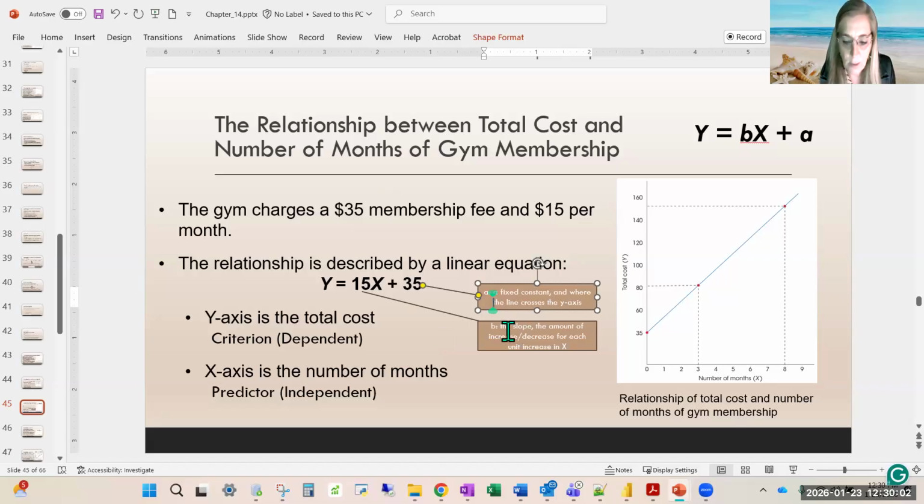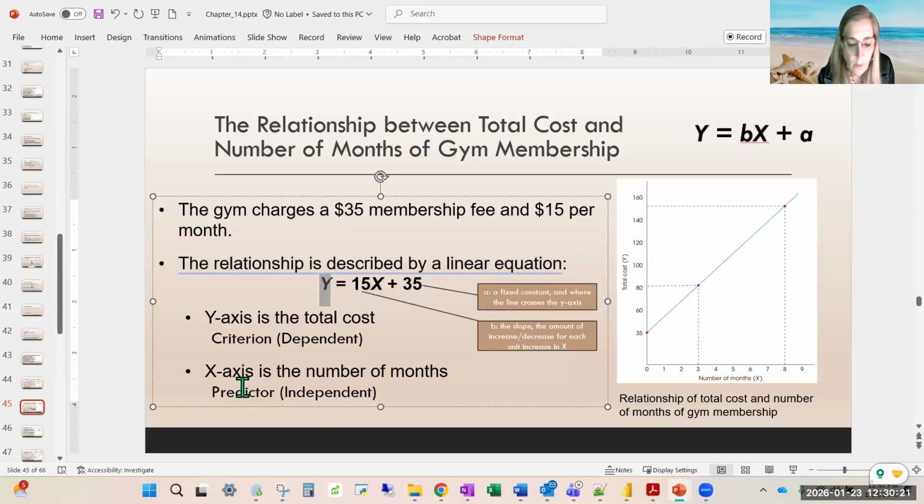And then B is the slope, the amount of increase or decrease for each unit increase in X. So Y is the total cost, the criterion, which we can consider the dependent variable, or the y-axis. And then the x-axis is the number of months, or the predictor, which is the independent variable.